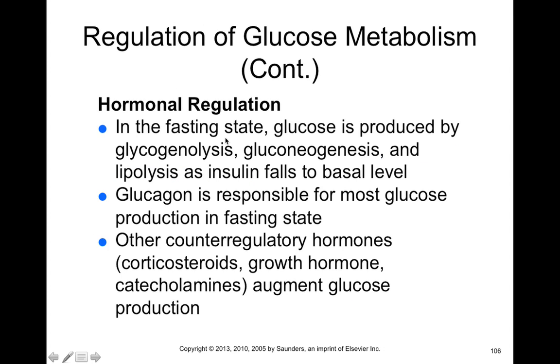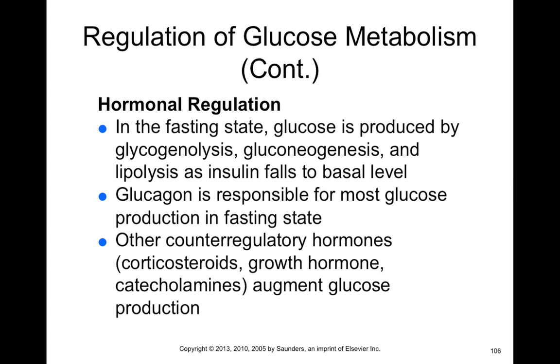Now, in the fasting state, glucose is produced in a variety of ways. So where is glycogen stored in our bodies? Liver? Skeletal muscle, right? What can you break down glycogen into? Glucose, right. So in the fasted state, like you haven't eaten in a while, then you can start to break down glycogen from your liver and your skeletal muscle.